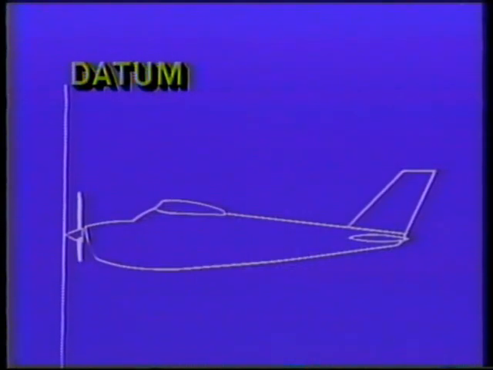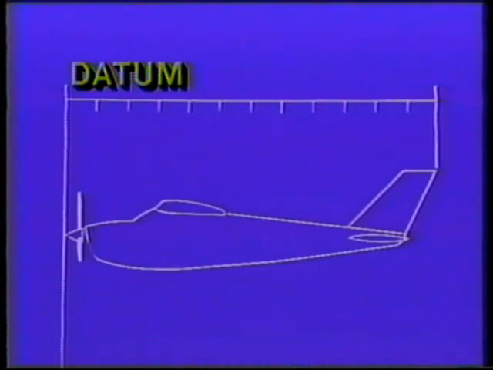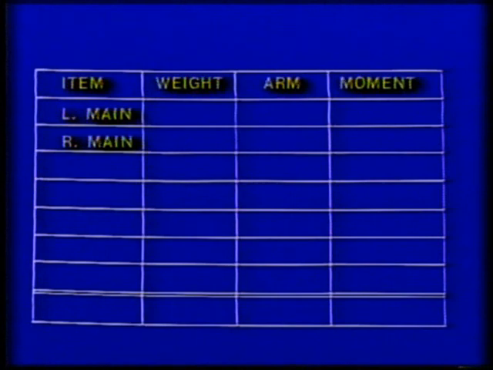Locating the datum at the tip of the spinner allows the use of all positive arms and moments, since all points on the aircraft will be located to the right of the datum. Again, organize a weight and balance chart with lines and columns for all of the information and fill in the known information.